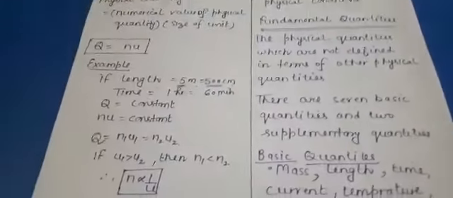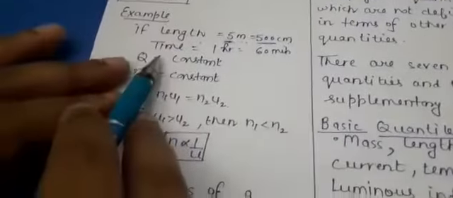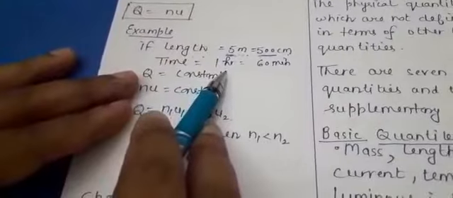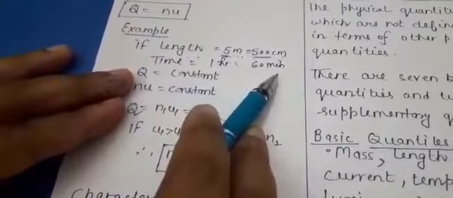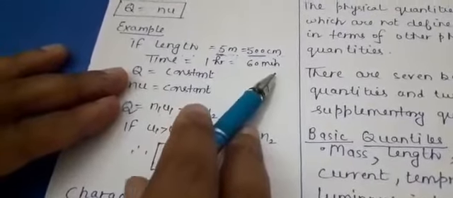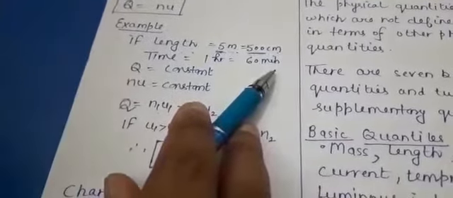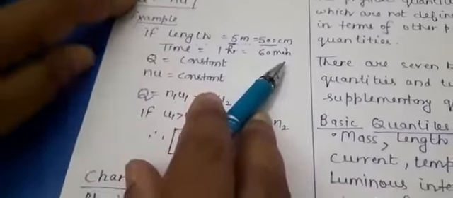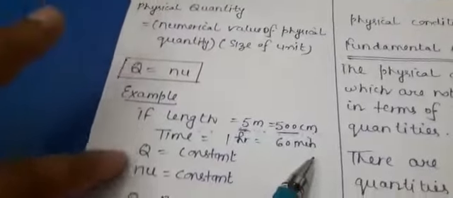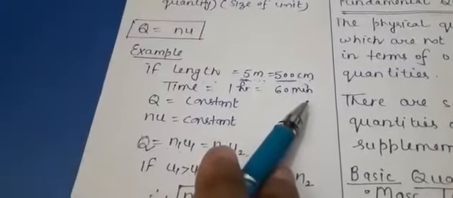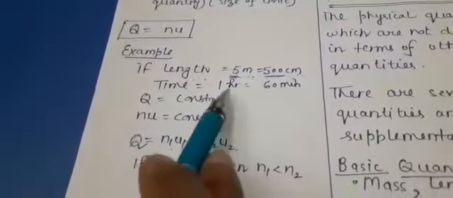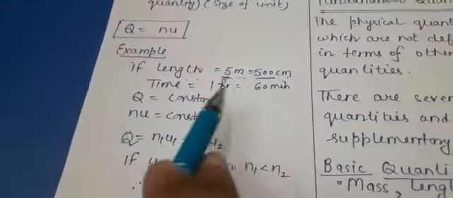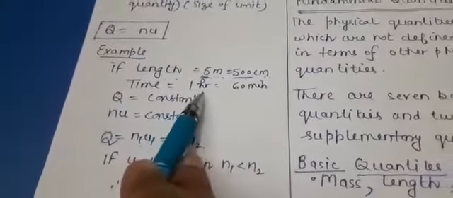Similarly, if we are taking another physical quantity, time, let time be 1 hour. If you want to convert it into minutes, it is 60 minutes, or in seconds, it can be 3600 seconds. So what conclusion are you getting? This particular concept is quite important. Here a justification can be asked. See, here we are observing the quantity remains the same within the conversion, but the numerical value as well as the unit are changing.